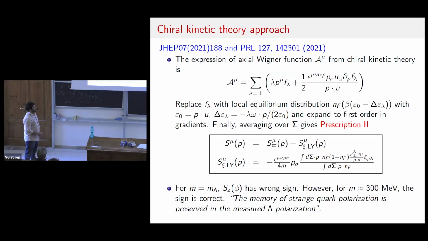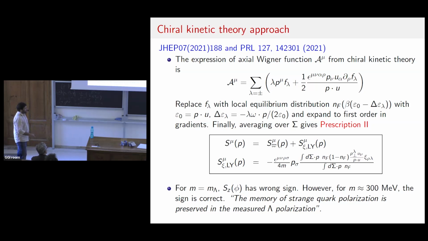So the idea is that at the freeze-out surface, if the spin degrees of freedom are in equilibrium, then one should replace this chiral distribution function with a local distribution function, the Fermi-Dirac distribution, with the single particle energy replaced with this, where this delta epsilon is a shift due to spin-vorticity coupling. And then once we have an expression for the axial Wigner function, we expand to first order in gradients, and then finally average over the hypersurface, and this leads to prescription 2.